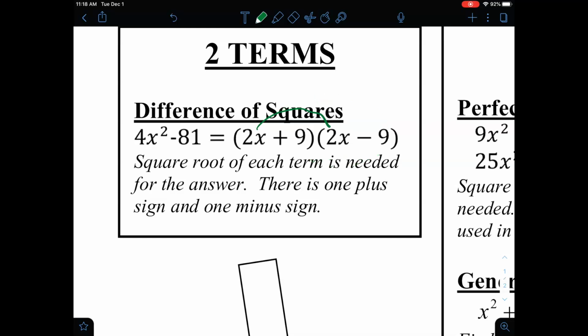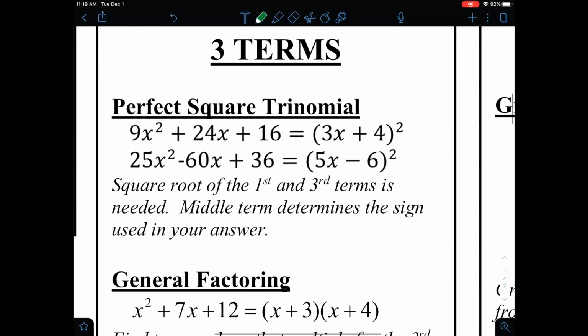It's kind of a shortcut. It's working the opposite direction. Instead of distributing, we're unfoiling, or we're factoring, which is the opposite of foiling, okay? So the shortcut for 4x squared minus 81 is going to be 2x plus 9 times 2x minus 9.